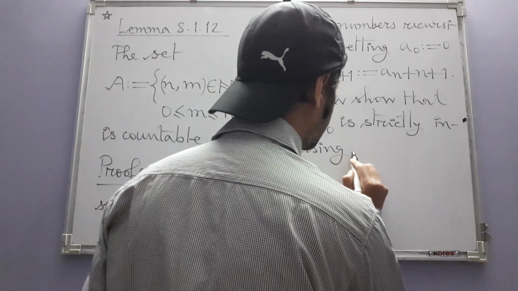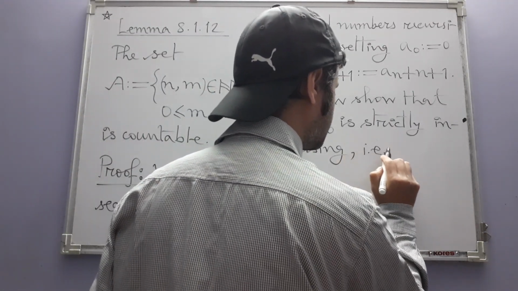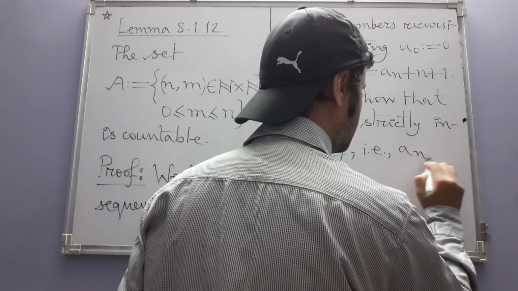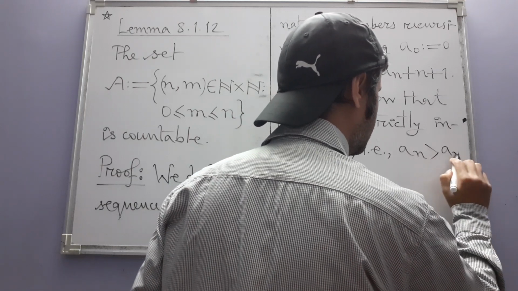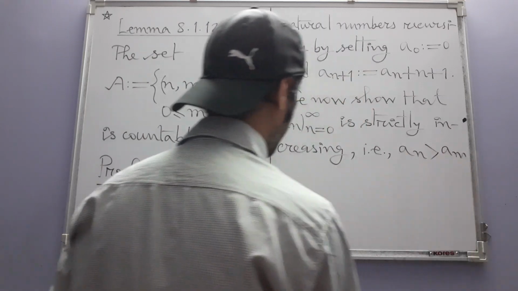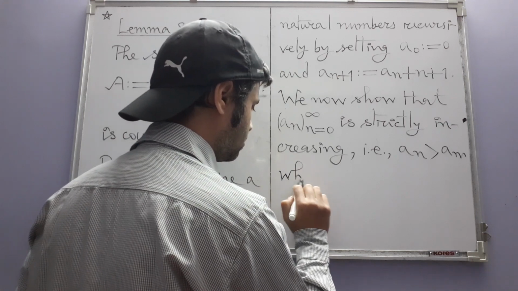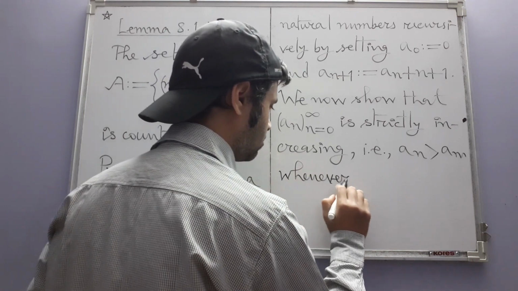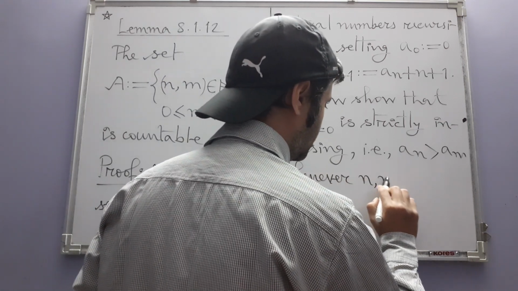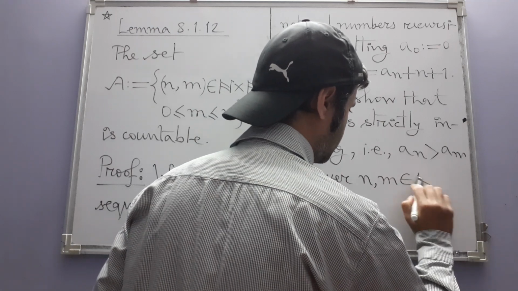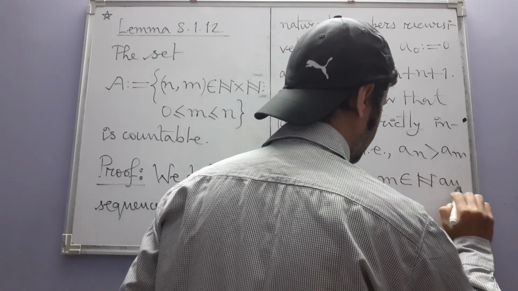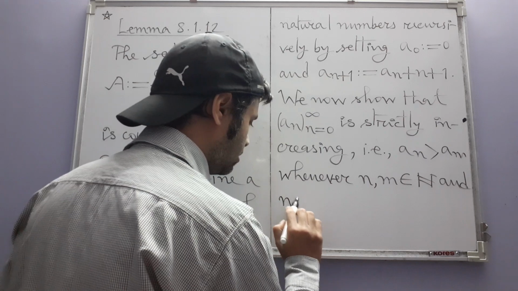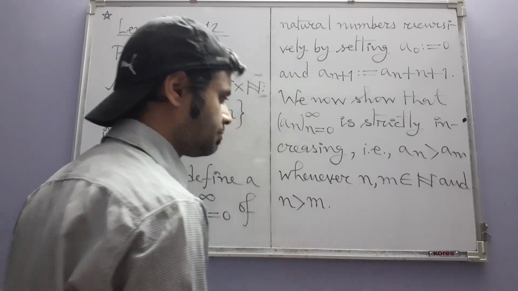And by strictly increasing, we of course mean this, i.e. a_n is strictly greater than a_m whenever n and m are coming from the natural numbers and n is greater than m.